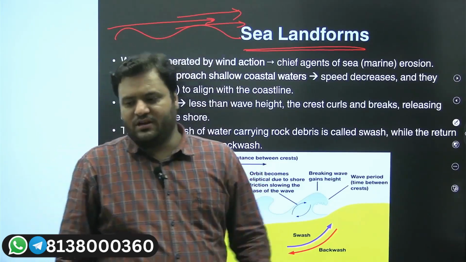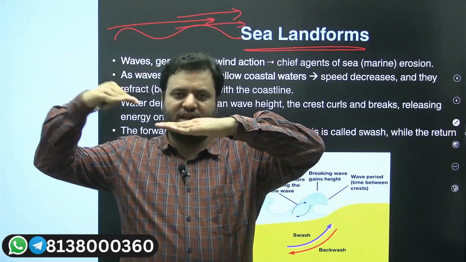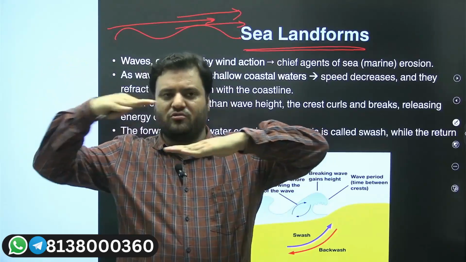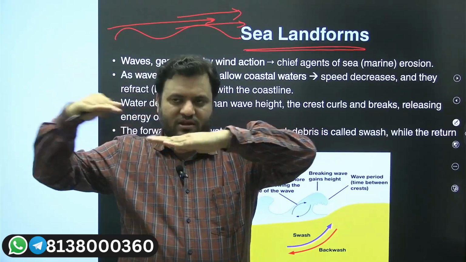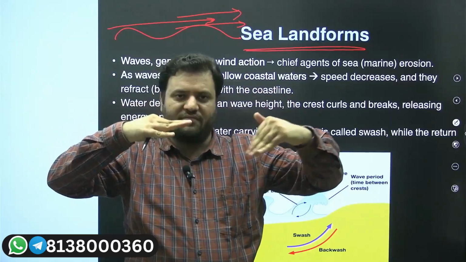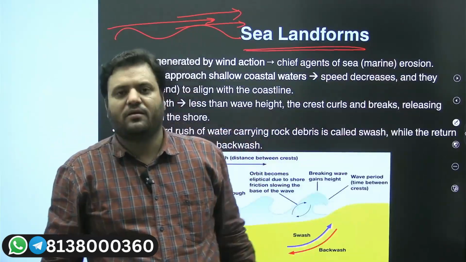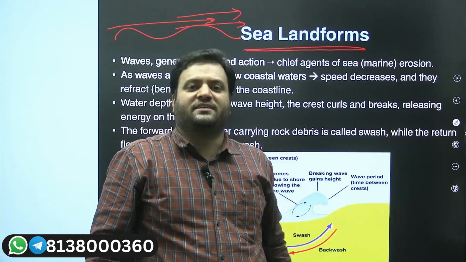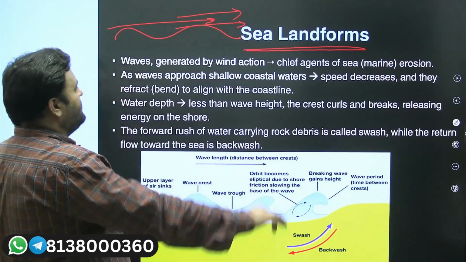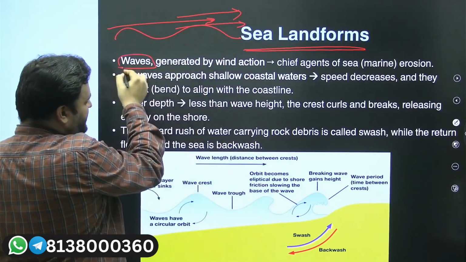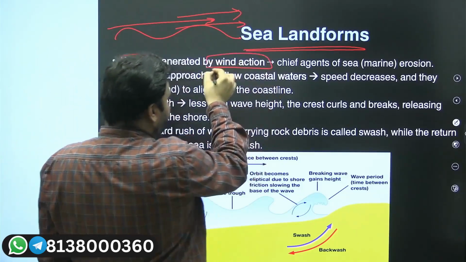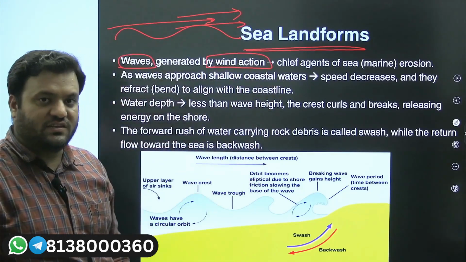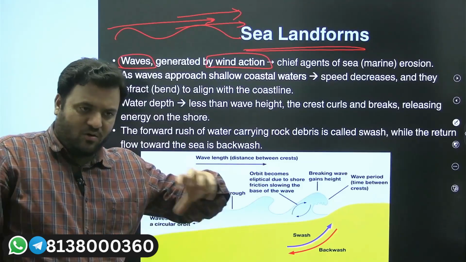So when the water is like this and when the wind is moving like this, what will happen? Wind will lose its energy to the water, and that's how water will also have this wave kind of shape. It's the wind that determines this. Okay. So waves are always generated by wind action, and yes, this wind will cause sea waves.